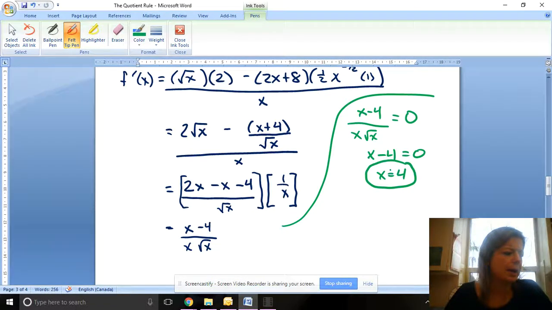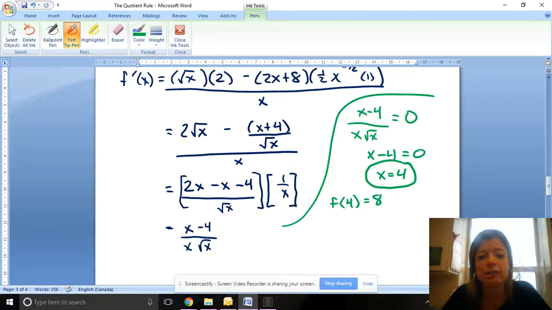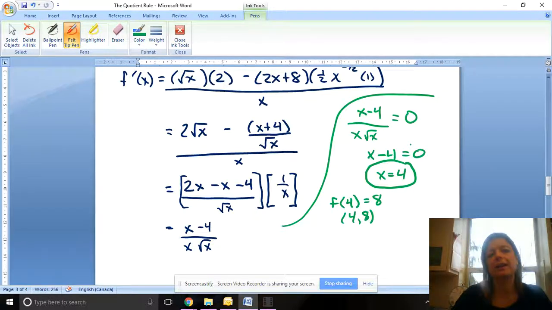Okay. Notice that it does say the coordinate of each point. So it's not enough for me to now just say x equals 4, it's asked for the coordinate. So to find the y value, I put 4 into the original function, okay, not the derivative, and I get 8. So 4, 8 is the coordinate that gives a horizontal tangent.